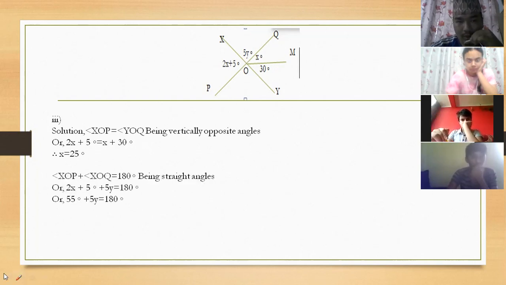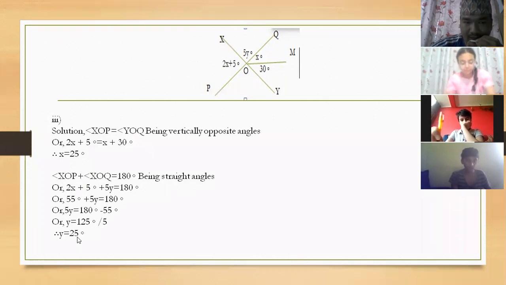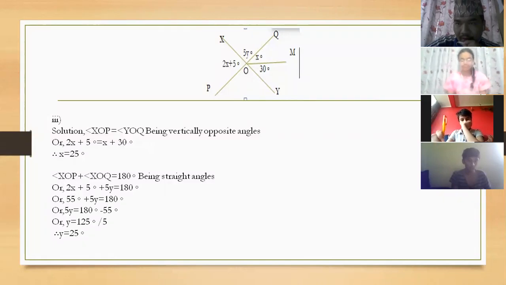And we know XOP is what there? 3x plus 5, XOQ is 5y, equals 180. Then 3 into x means 3 into 25, it will be 75. 75 plus 5y, then 75 goes there to subtract, then y equals 105 by 5. Therefore y equals 21 degrees is the answer. Are you clear, children?